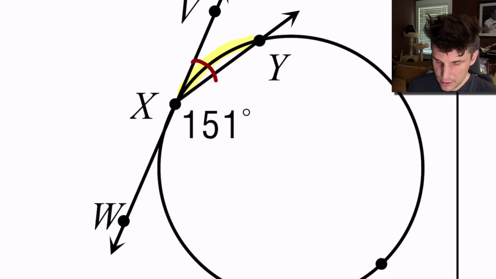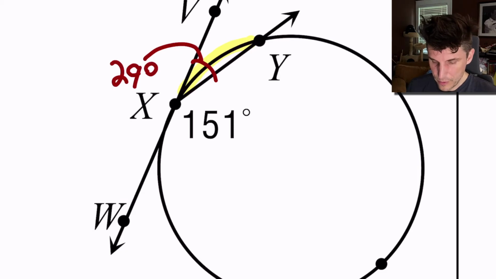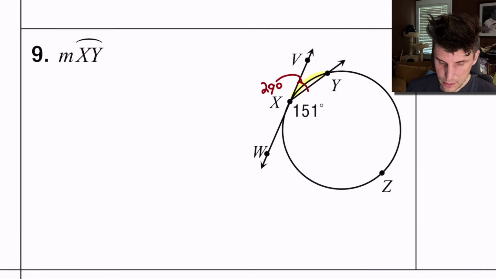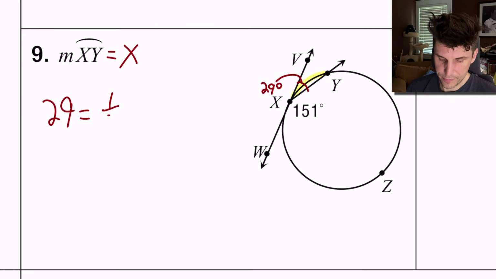This angle right here is the supplement of 151, so normally it would be 30, it's 29 degrees. So this is a 29 degree angle, therefore its arc, how does it relate to that angle? So you'd say this arc is going to equal x, right? And we know the relationship between the angle and the arc. We're going to be able to say 29 is equal to 1/2 of whatever my arc is.